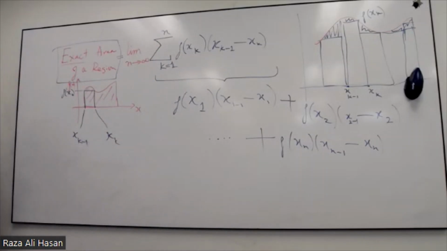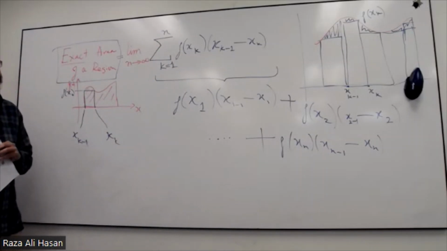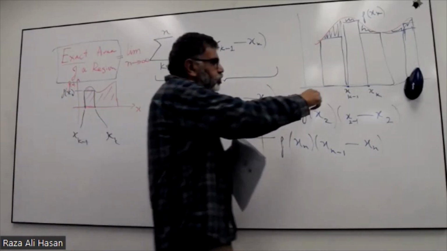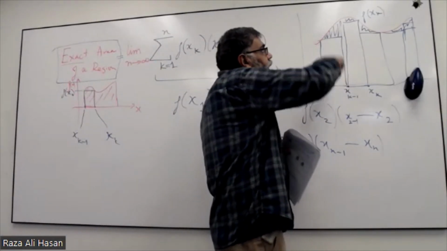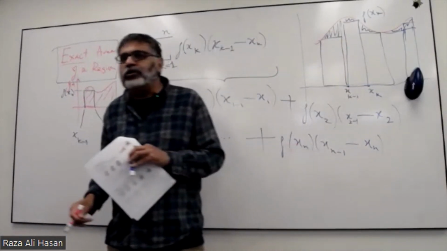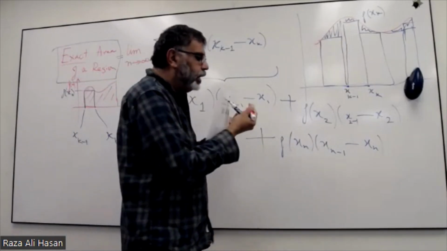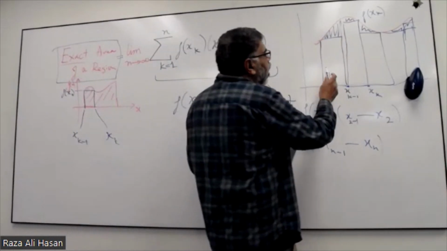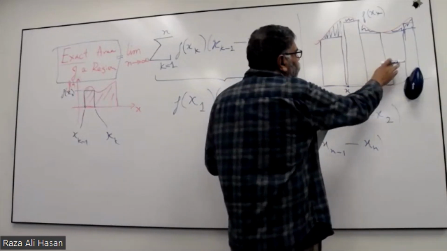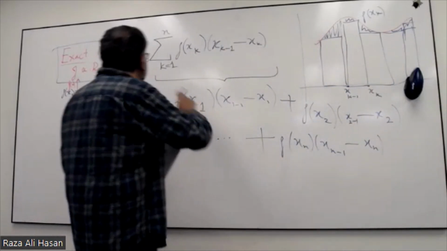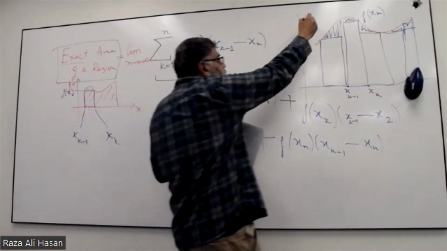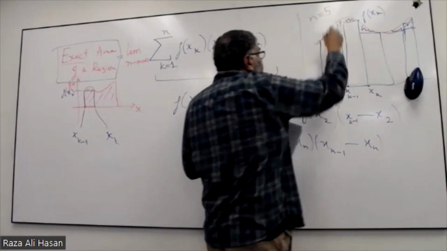So in the limit, as n tends to infinity, the number of rectangles under the curve becomes so numerous that they end up covering it. So how many do we have here? 1, 2, 3, 4, 5, right? The number of rectangles is 5 right now.